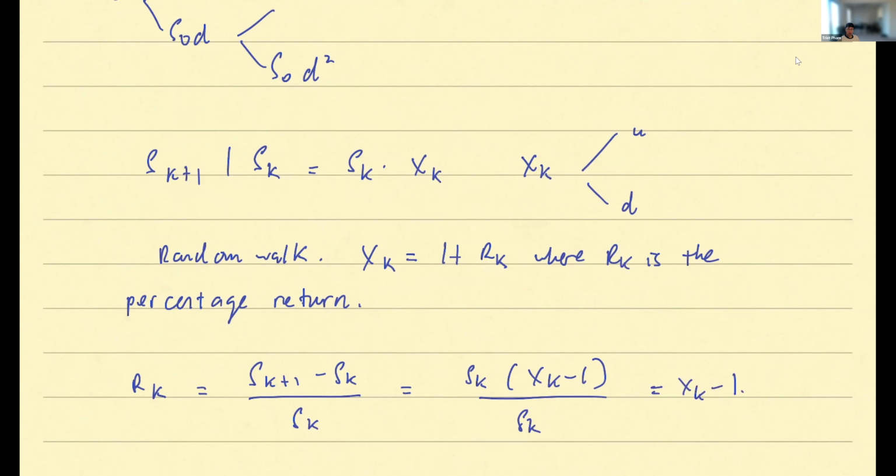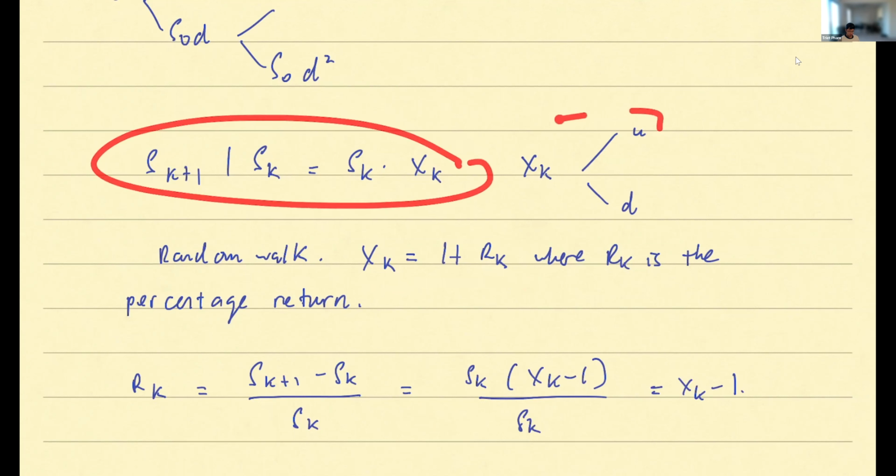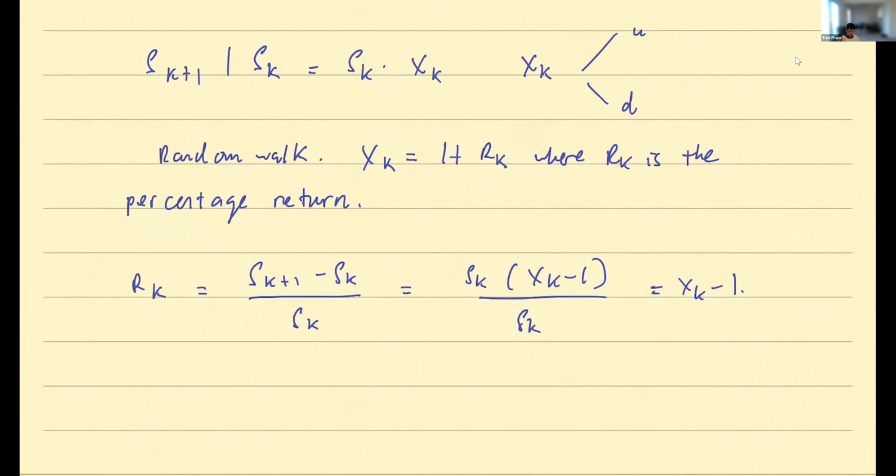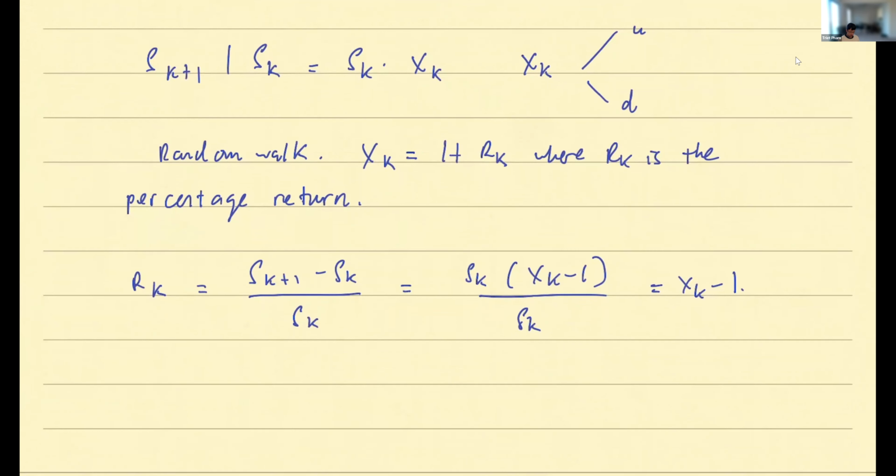So in other words, when you write something like this with U and D, it actually makes more financial sense for you to write this.